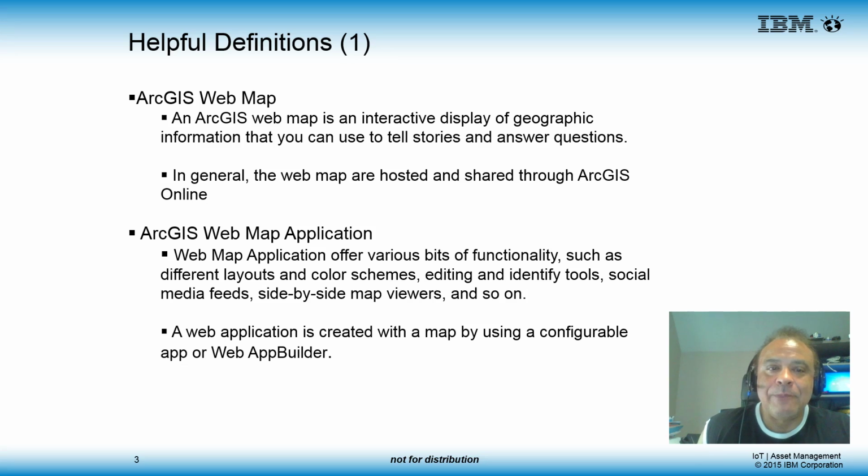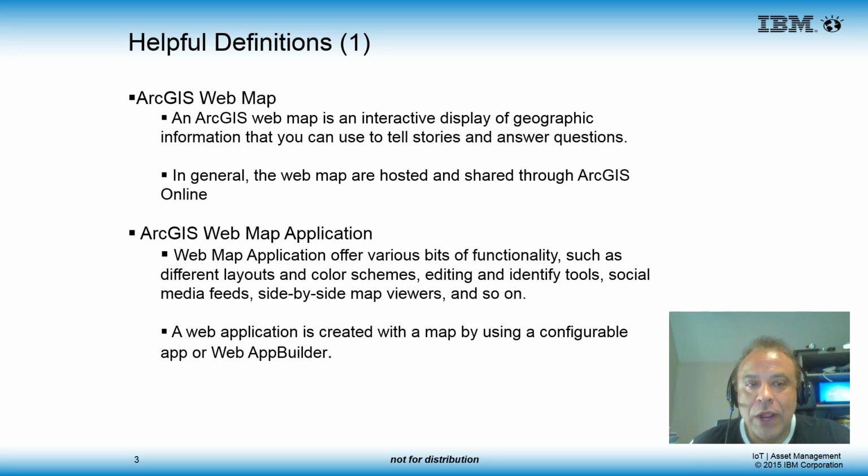Well, this gives people who are online the option to create their own web map. And a web map application is a more powerful application which embeds web mapping in it, and you can do different things like different layouts and editing and tools and so forth. Kind of similar to what we do in ours.